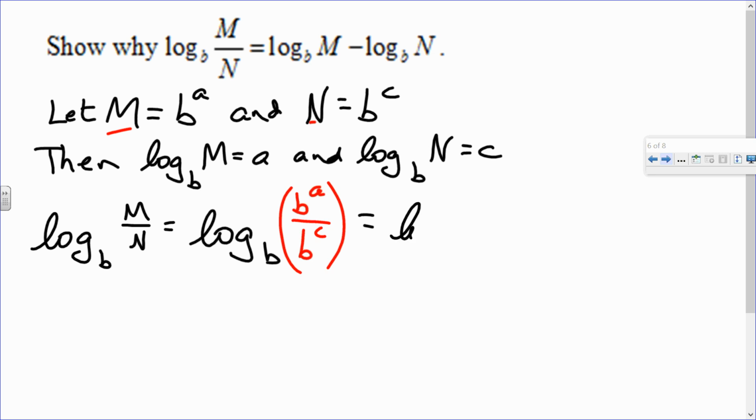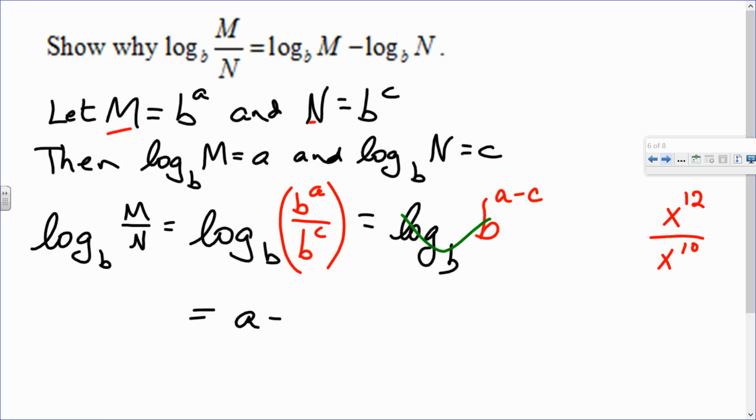So I'll keep log base b, and I'm just going to try to simplify that red part. If I had x to the 12th over x to the 10th, what would I do with my exponents? Subtract them. So just to simplify that, I'm going to say b, and I'm going to subtract the exponents, a minus c. Okay, everybody, now log base b of b, what happens? Cancels. So we are left with a minus c.